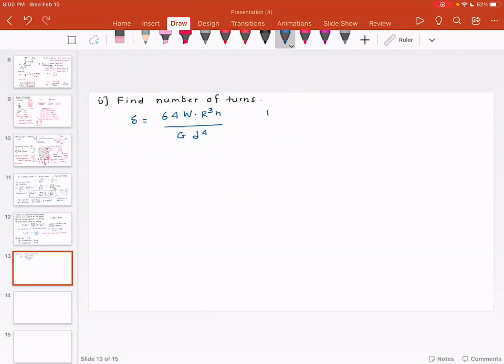So as you know, W is the load, R is equal to capital D divided by 2, G is equal to shear modulus or modulus of rigidity. This will be given to you, and d is the wire diameter, and N is equal to number of turns.